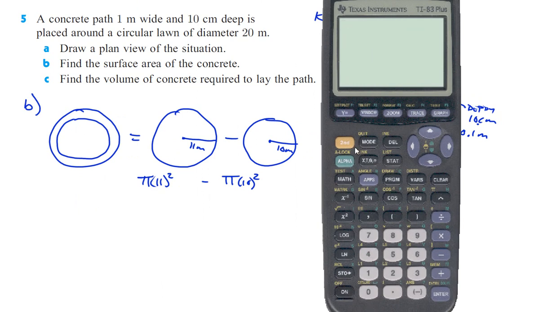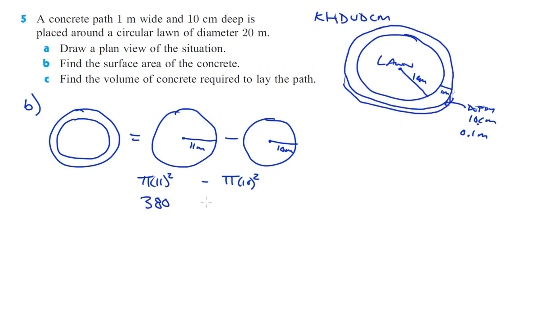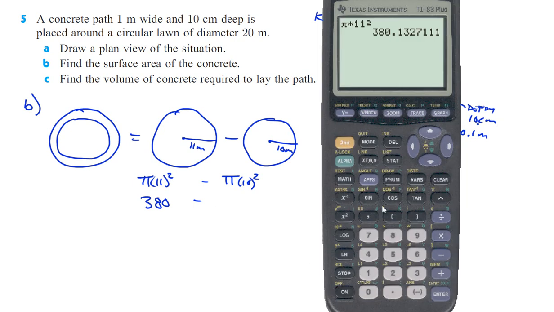Alright, so pi times 11 squared gives us 380. Let's go with 380. And then pi times 10 squared gives us 314.